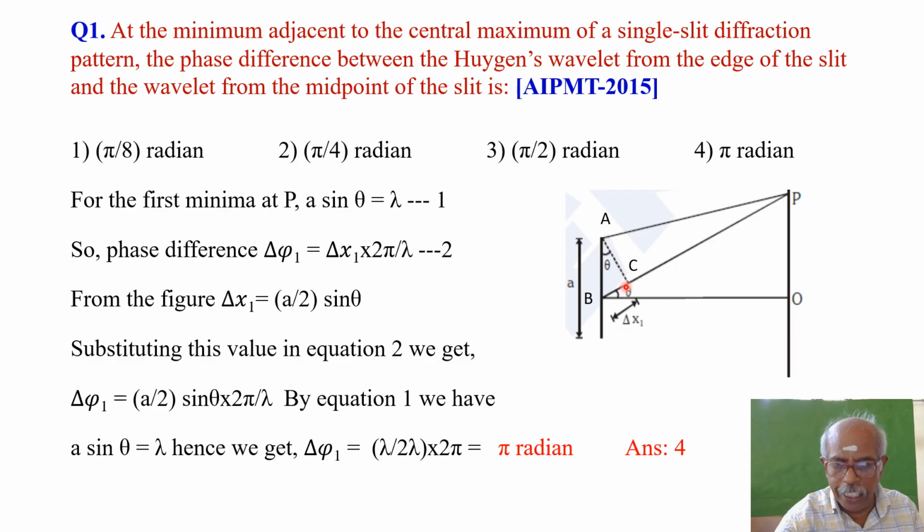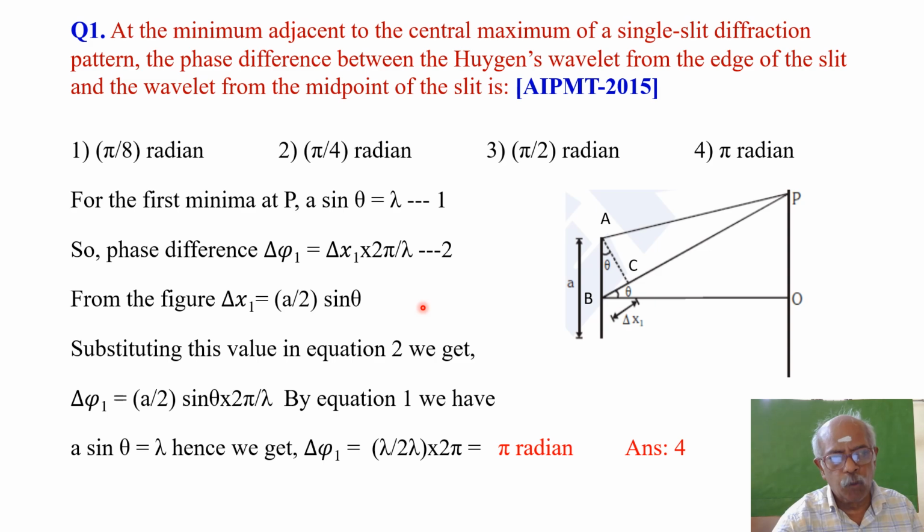So this is 90 degree. This is 90 minus theta. In this triangle ABC, definitely angle A, that is BAC, is theta only, because the sum of all the angles is 180 degree. That is inevitable. So if this is theta, this is also theta. There is no doubt about it. So from the figure, delta x1 is equal to a by 2 into sin theta.